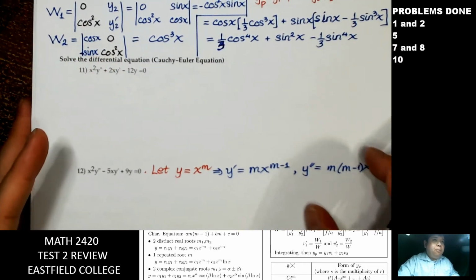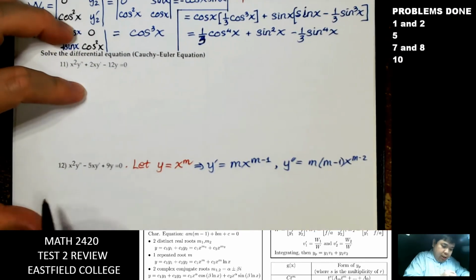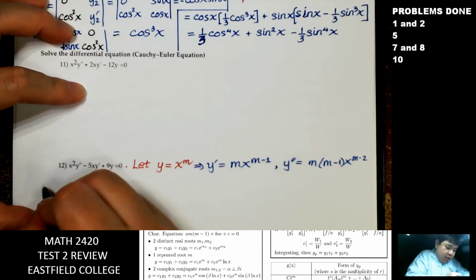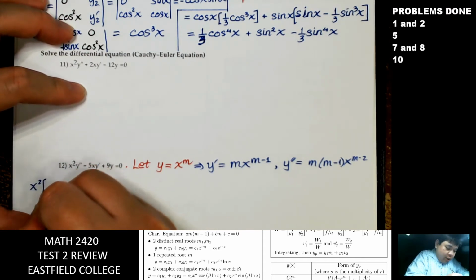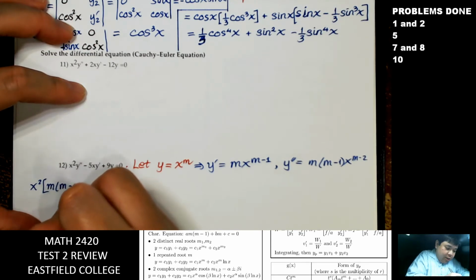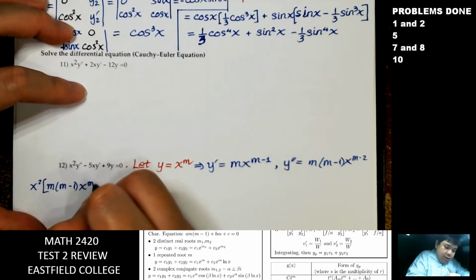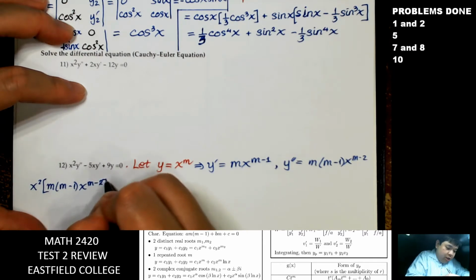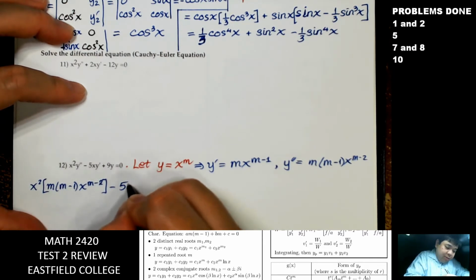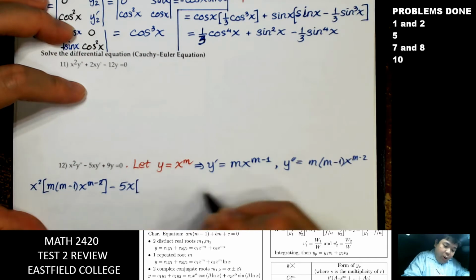Substitute into the equation, x squared, and then we have that. You don't need to do this step, you can skip it.